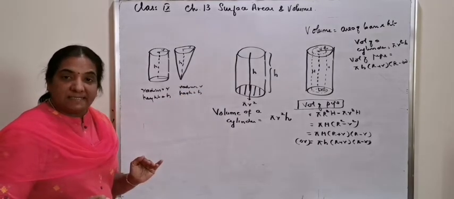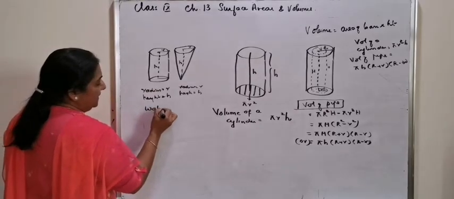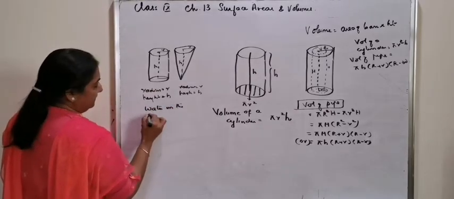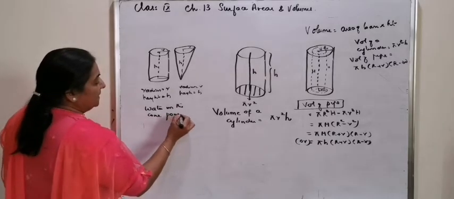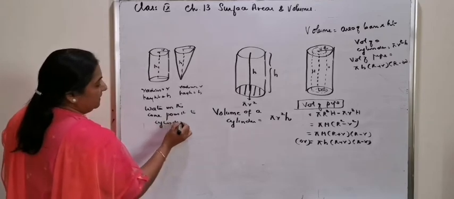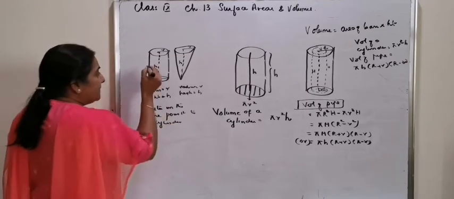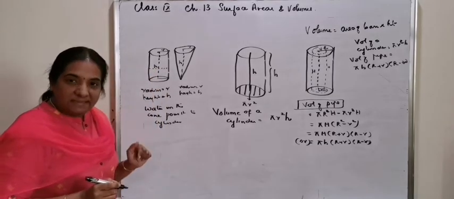The comparison is, if you pour water in the cone and pour it into the cylinder, the first time it will fill approximately 1/3.